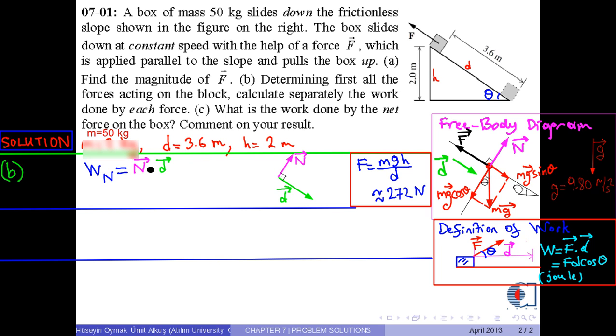Note that the angle between the normal force and the displacement vector d is 90 degrees. So the result is n times d times cosine 90 degrees. And since cosine 90 degrees is 0, the work done by the normal force is just 0.